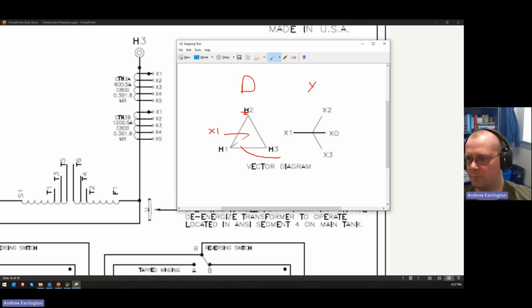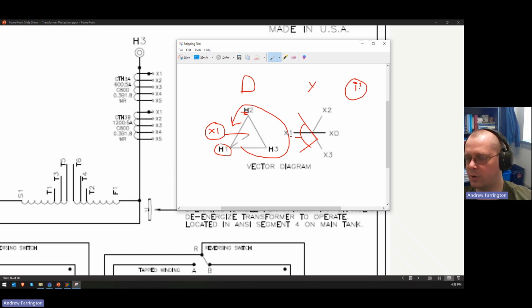The rotation of the vectors is counterclockwise, like that. If you have an eye sitting at 0 degrees and you're watching that vector rotate, the first one you'll see as this comes around is the H1, and then that will be followed by X1, 30 degrees afterwards. So if you had a clock where 0 or 12 is here, 1 would be here.